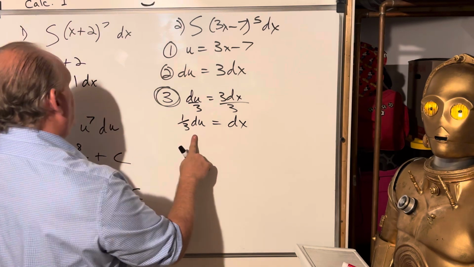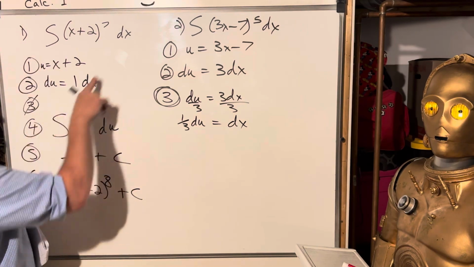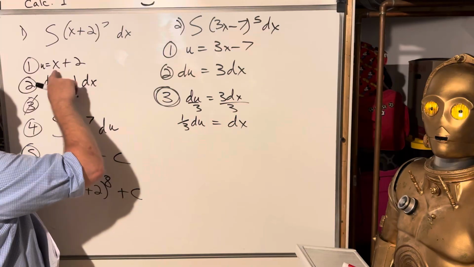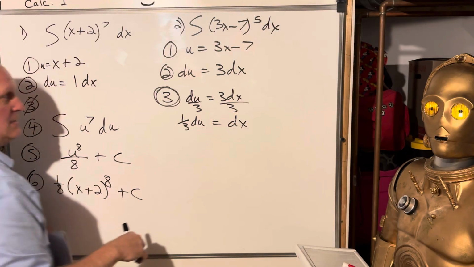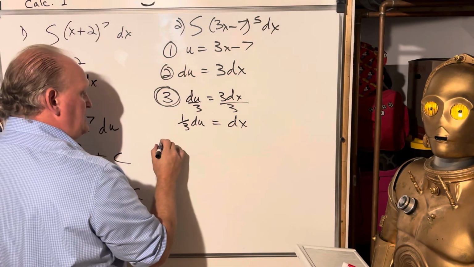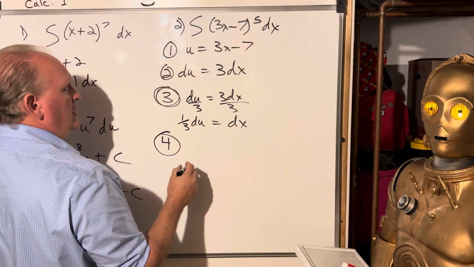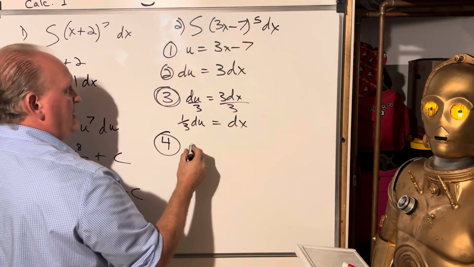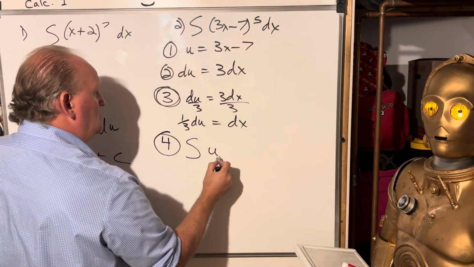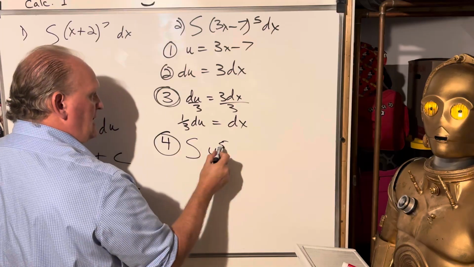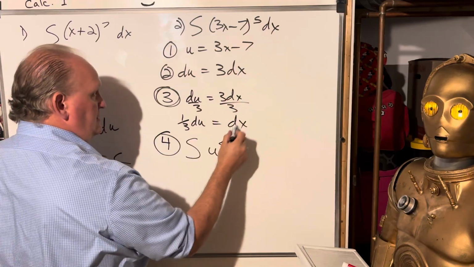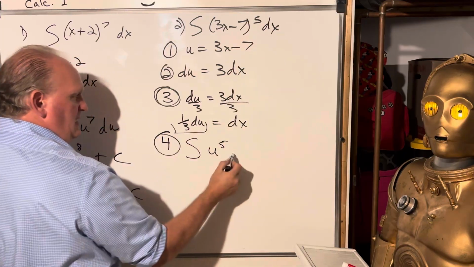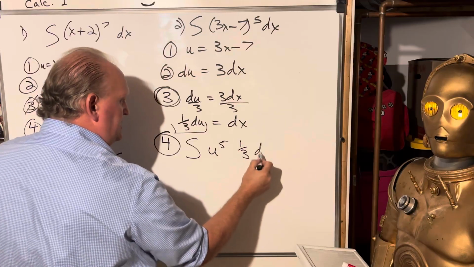So I have to fix it. I didn't need that on the last one because I had just 1 dx when I took the derivative. So that was easy. So this is less easy. So now number 4, I'm going to sub in u to the 5th, but instead of just dx, I use what it's equivalent to, so 1/3 du.